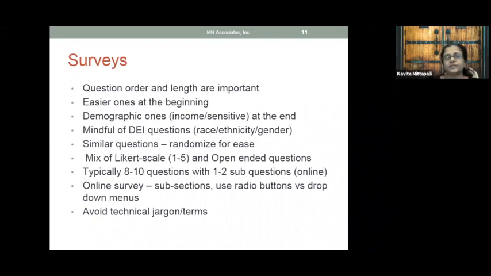The other thing is also similar questions. You might have some probing questions that ask the same kind of stuff, but they're not exactly similar. You may want to randomize them so that they don't become redundant and repetitive. That prevents some kinds of errors.